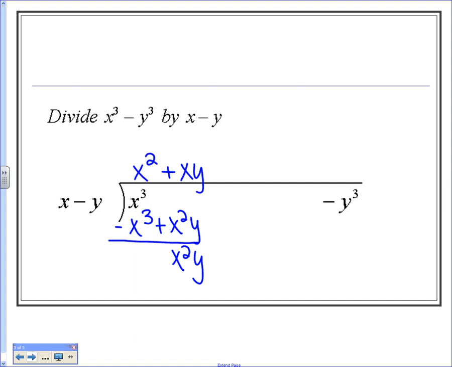X times what gives you x squared y? Well, is x times x, x squared y? That's just x squared, so we need a y, right? So we got to add a y. xy times x is x squared y. To put it up here, it just has to work with that x. So xy times x is what? X squared y. And now xy times negative y.